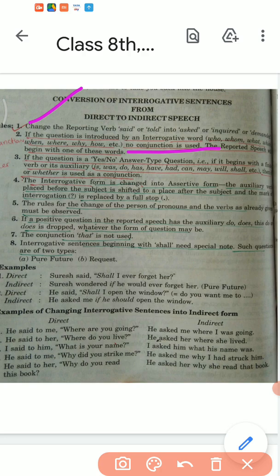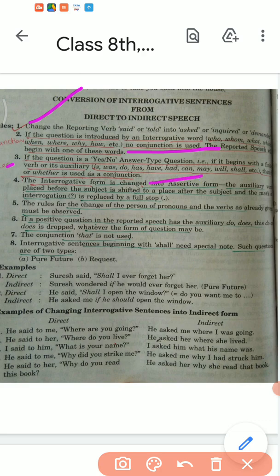In the third rule, if the question is a yes or no answer type question, that is if it begins with a verb or its auxiliary like is, was, do, does, have, has, had, can, may, will, shall, etc., then if or whether is used as a conjunction.